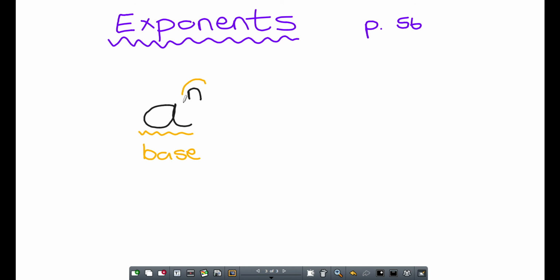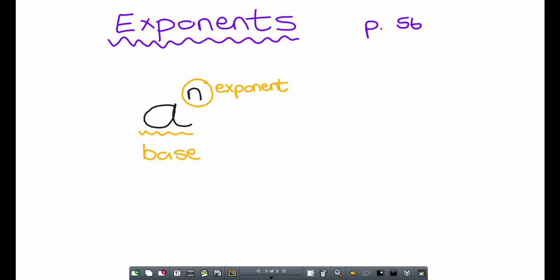Okay, now the n, the one hanging in the air, that is our exponent. When you read it, you say a to the power of n. Okay, what's going on at the back? Focus on what's going on the board.